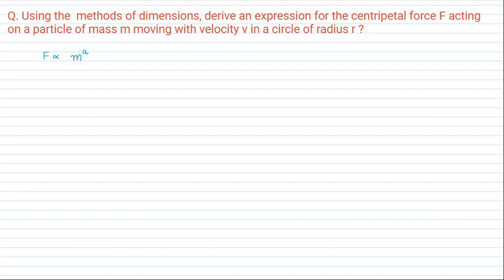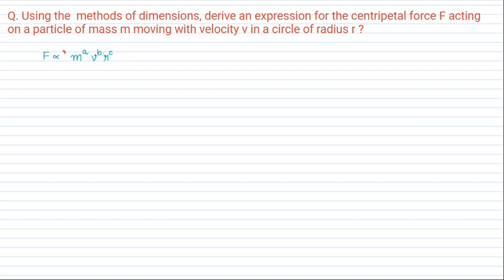Similarly, it depends on velocity, and again we don't know the power, so let it be some power b. And finally, it depends upon the radius r, again of some power c. So force is directly proportional to m to the power a, v to the power b, r to the power c.